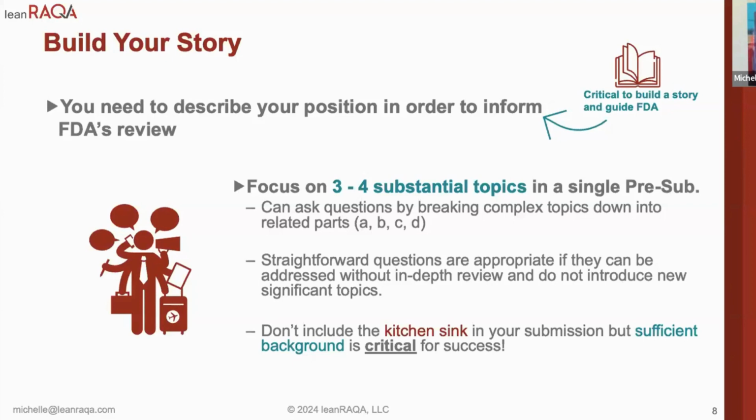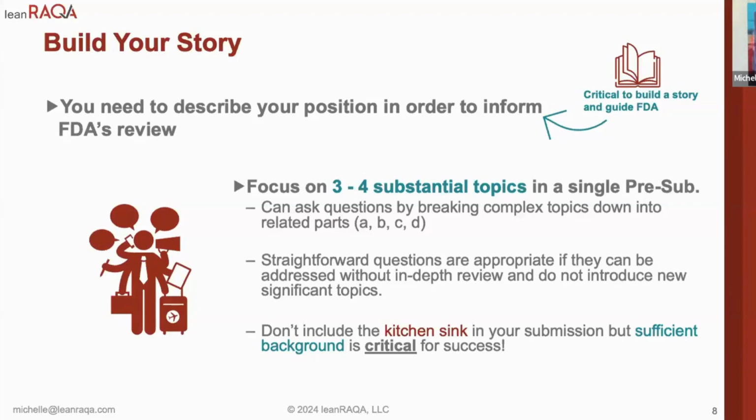You need to focus on 3 to 4 critical topics in a single pre-sub. Even though these might be only 3 to 4 questions, they could be multi-part questions associated with a single or specific topic. You need to be straightforward. Your questions don't need to be open-ended.